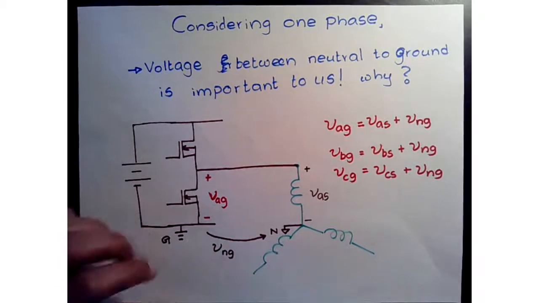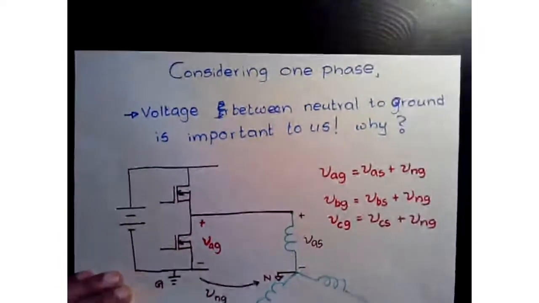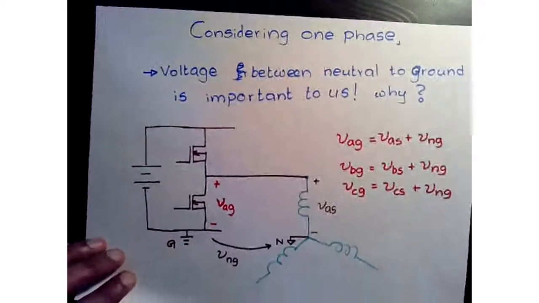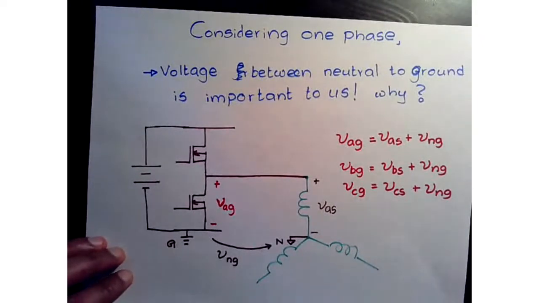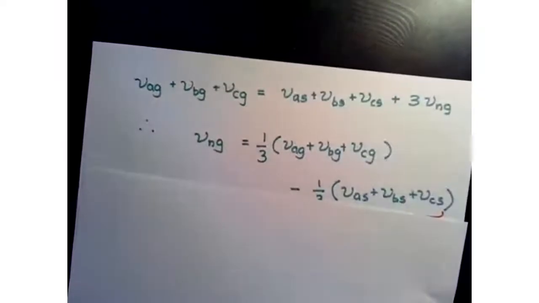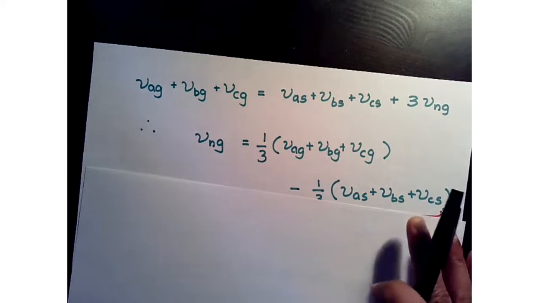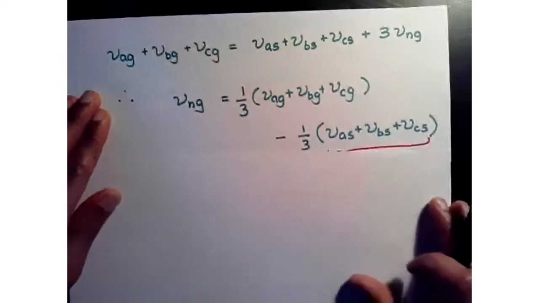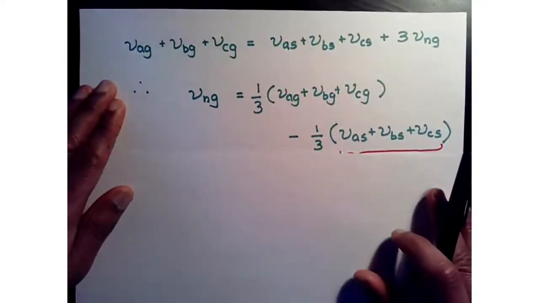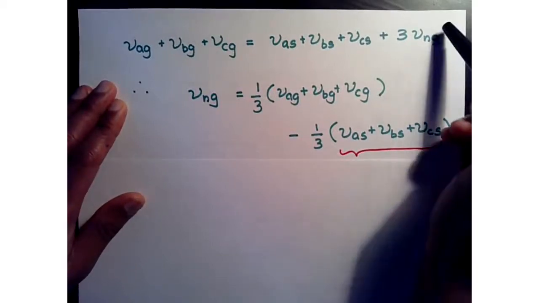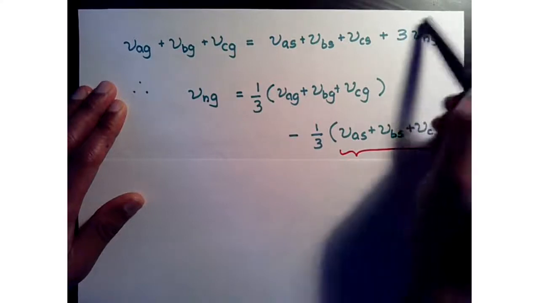Okay, all right. So now let's look at the following relationship. Let's add the three voltages VAG, VBG, and VCG together, because we are now trying to come up with a value for what VNG is going to be.